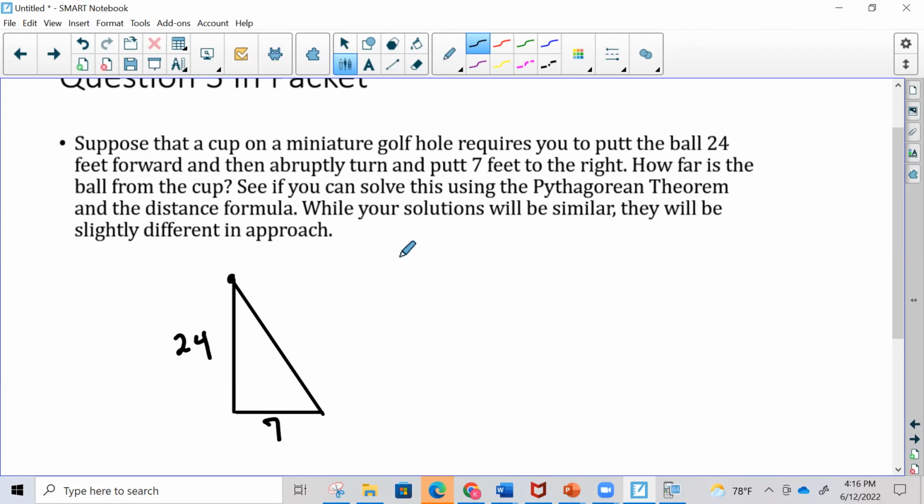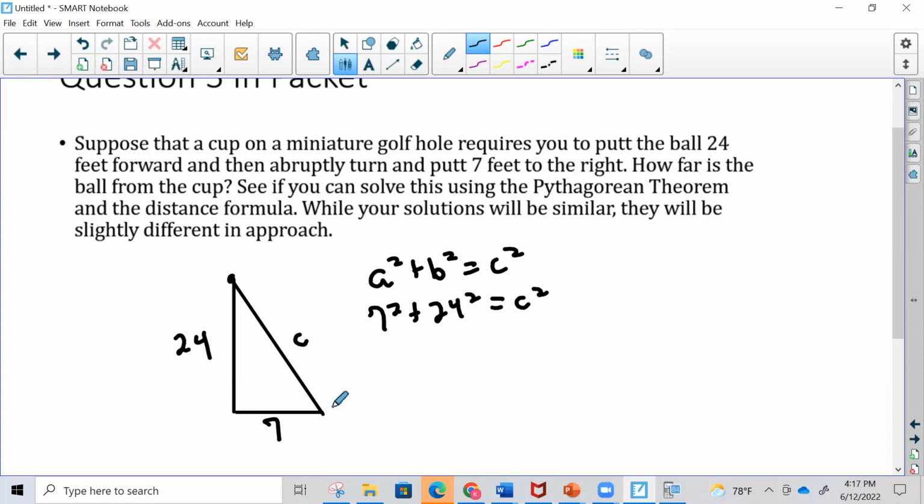Okay. So for the Pythagorean theorem, we would just need the triangle, and we would do a squared plus b squared equals c squared. Now again, a and b are interchangeable. Usually we say a is the smallest, so I would do 7 squared plus 24 squared equals c squared.